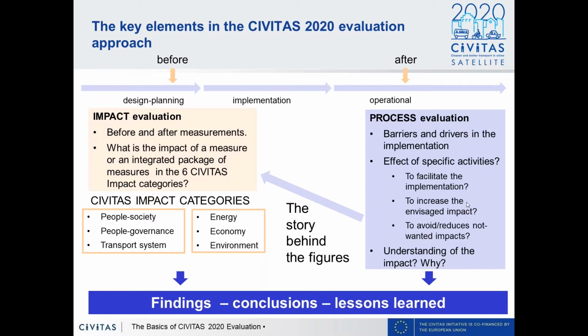And also, of course, we want to avoid or reduce not wanted impacts, because a good evaluation is also that aspect. Just a small example here. If a city is constructing a bicycle lane on a corridor in a city, this bicycle lane should be constructed. And in many cases, space is needed for this.